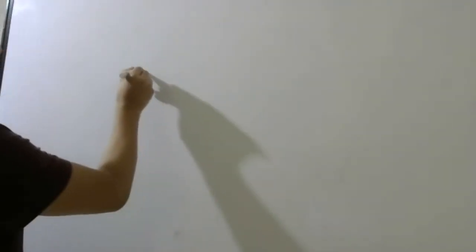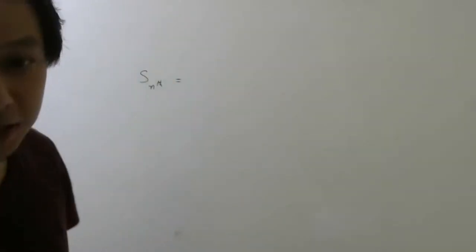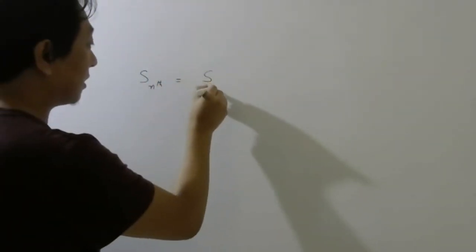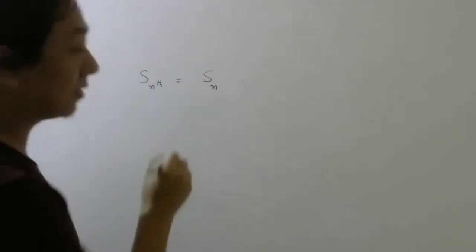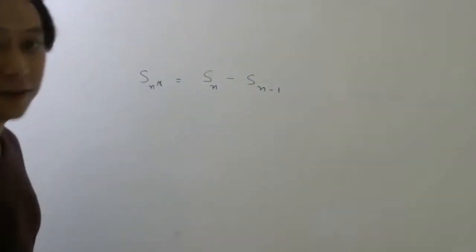Then we also understood about displacement in nth second. So when I say displacement in nth second, third second, fourth second, fifth second, the idea is you have to subtract distance traveled in n seconds with distance traveled in n minus 1 seconds.